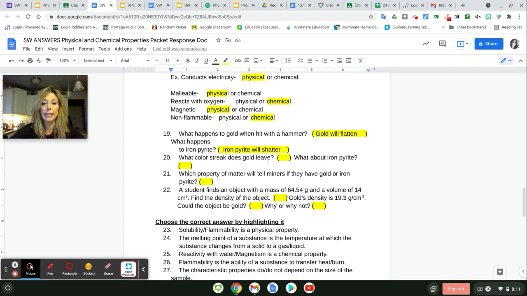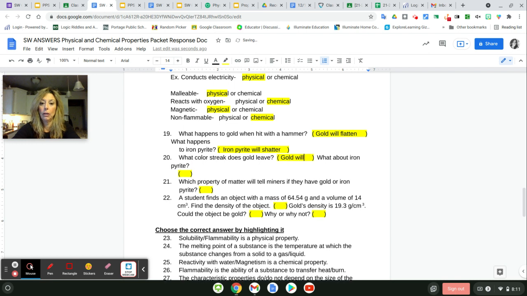What color streak does gold leave? All right, gold will leave a yellow streak, and iron pyrite will leave a greenish black streak.